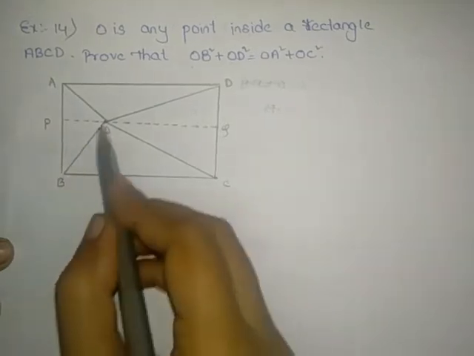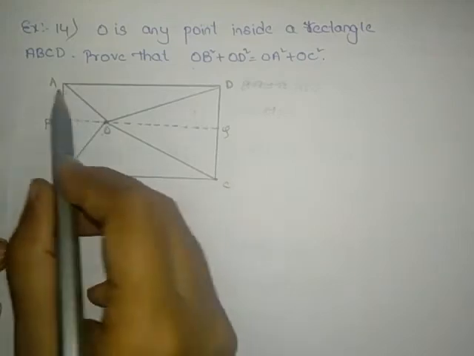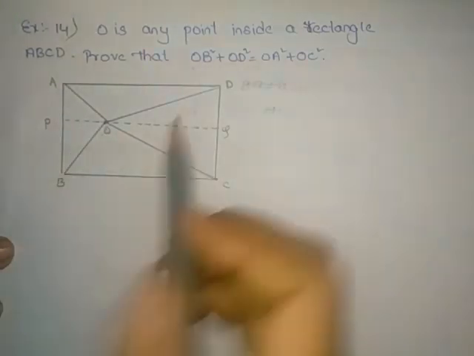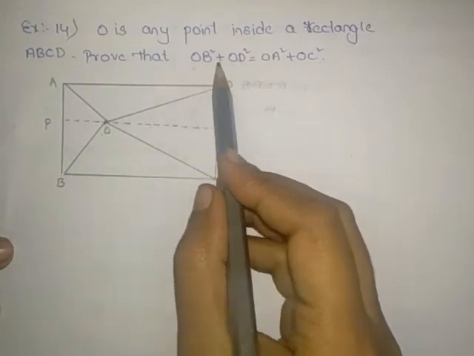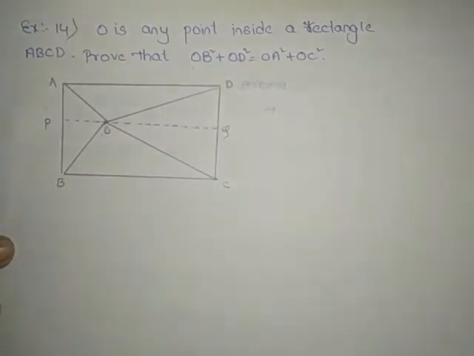It will be OA square plus OC square, we need to show, right? Here what all they have given? OB square plus OD square means this side and this side they have given, right?